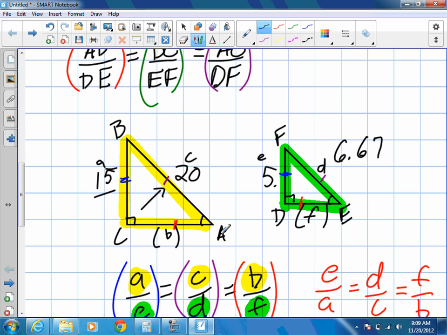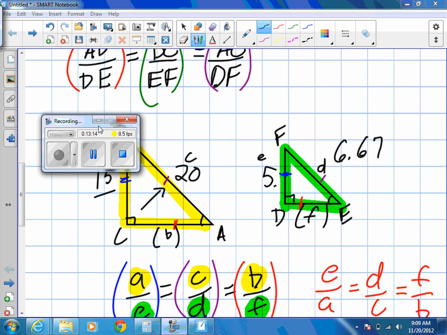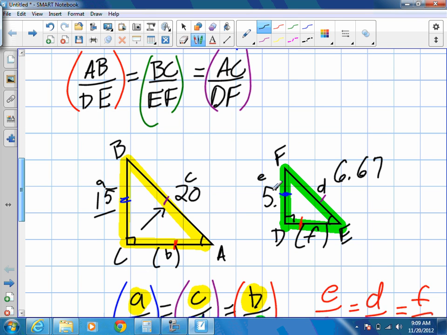We would be at a loss for that. Because we do know Pythagorean's Theorem, I can solve for either F or B. I can use Pythagorean's Theorem to solve for both, or I can solve for one and then use my equivalent ratio to solve for the other. Both are fine. We're not going to go through it. I just want you guys to know that you could do that. You can use Pythagorean's Theorem to solve the rest of this question.